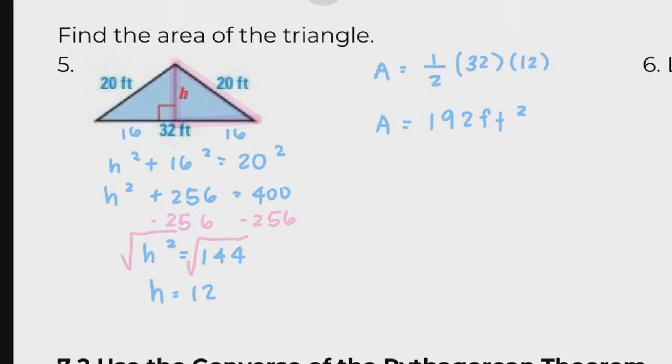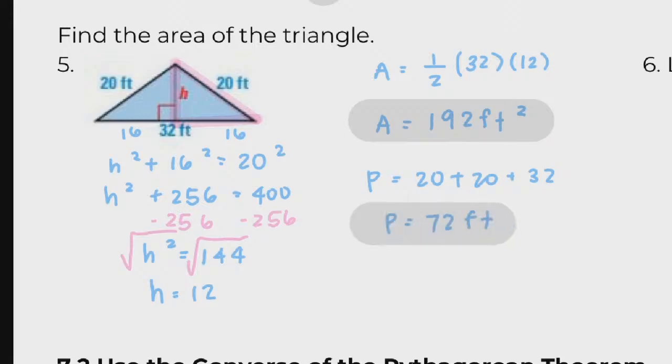Oh, I think I forgot to add this, but to find the perimeter, that means we're adding up all the sides. So for the perimeter, that would be 20 plus 20 plus 32. So that would be 72 feet. So let me just add that really quick. Find the area and perimeter.